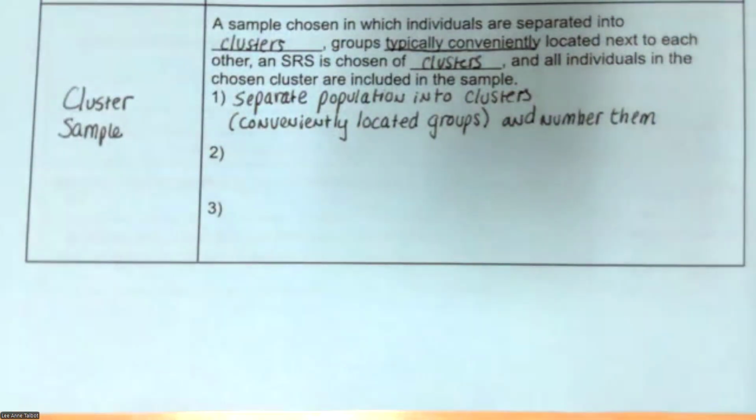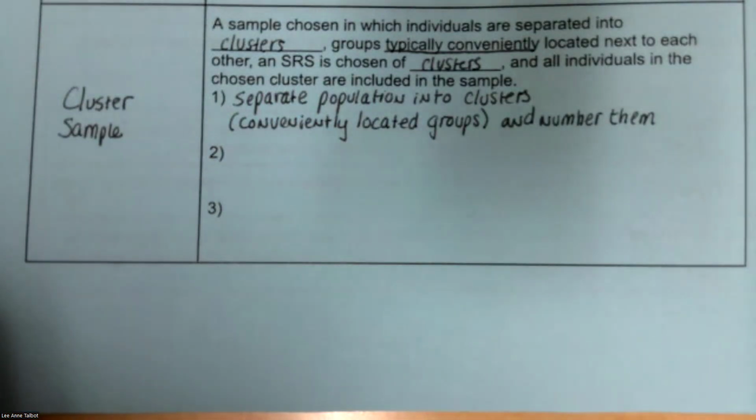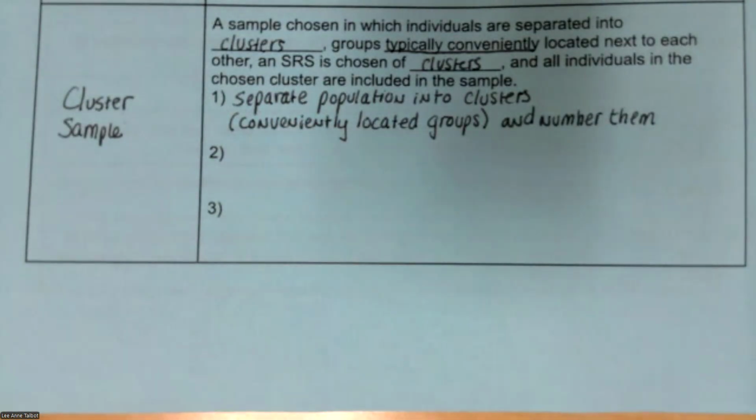And number them. Separate the population into clusters, which are conveniently located groups, and number them.